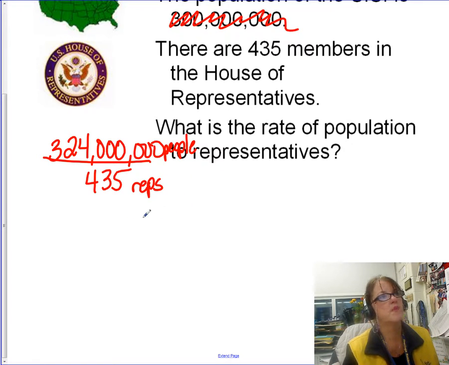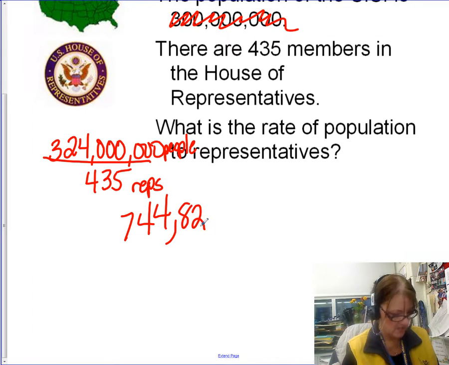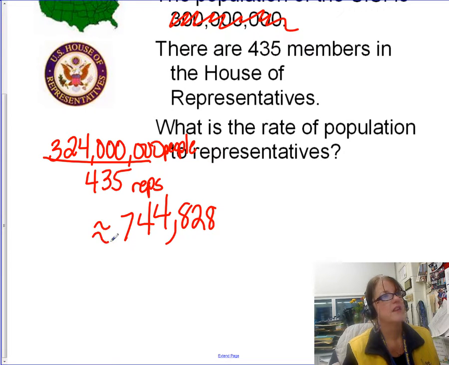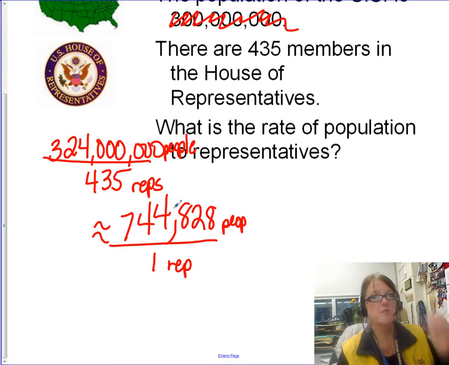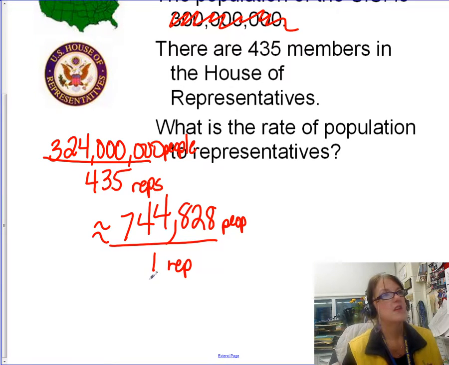We'll round this off. 744,820, let's call it 8, per one representative. So each person in the House technically represents almost 750,000 people. It's a large number of constituents they need to listen to when they're passing legislation in the House.